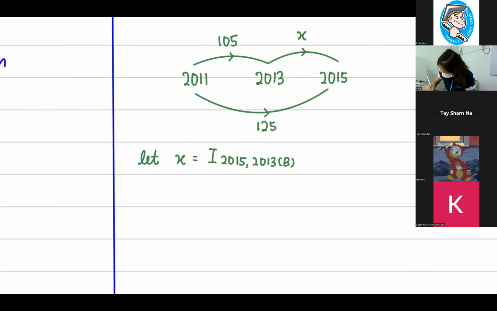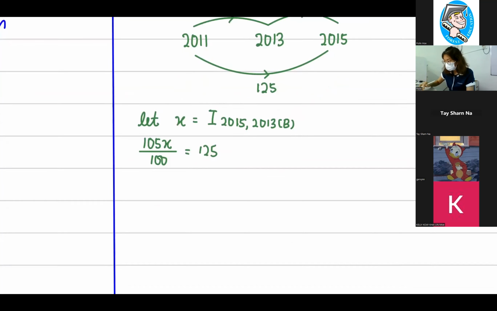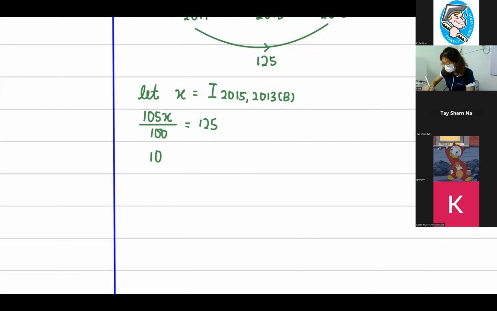Now my formula: 105 multiplied by X over 100 equals 125.